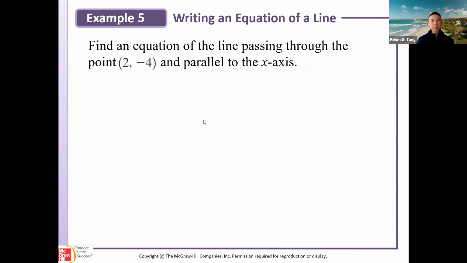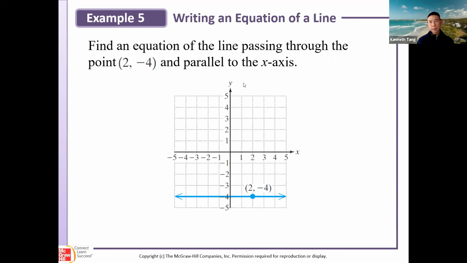For this example, find the equation of the line passing through the point and parallel to the x-axis. Parallel to the x-axis means your slope has to be 0. One of the tricky things about this question is that they already said parallel to your x-axis, so it must be a flat slope.